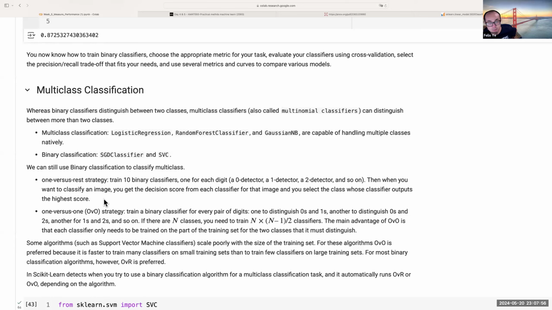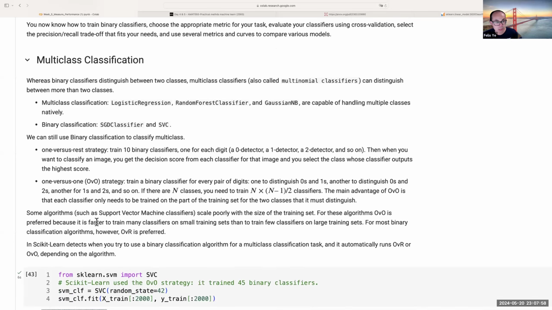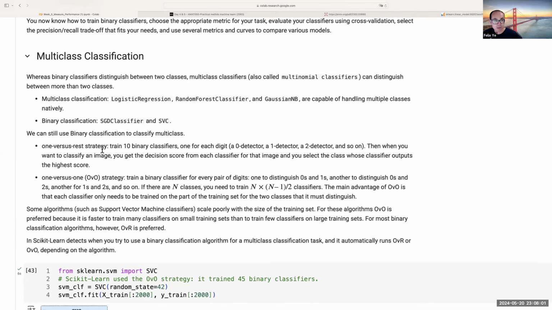There are two major strategies that we can use. The first one is called one versus rest. For this MNIST data set, we train 10 different binary classifiers, one for each digit. We have a 0 detector, a 1 detector, a 2 detector, and so on.